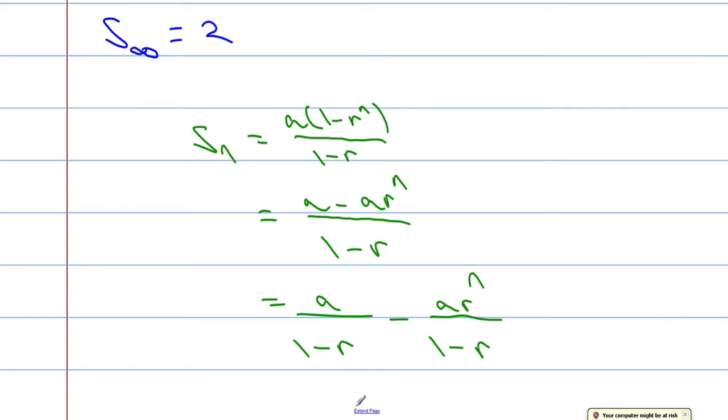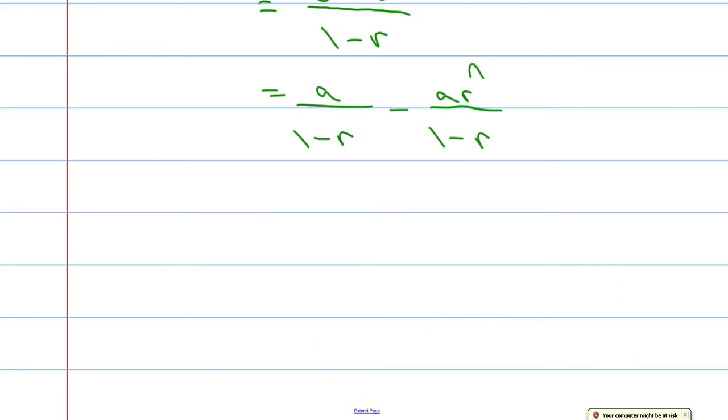Okie doke. Now, consider what happens if r is between negative 1 and 1. So we say if r is numerically less than 1.